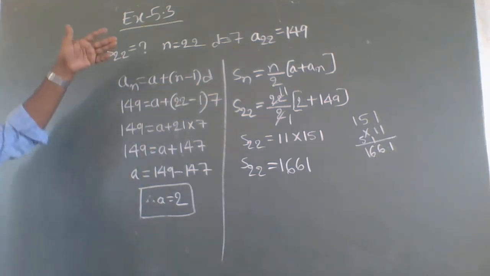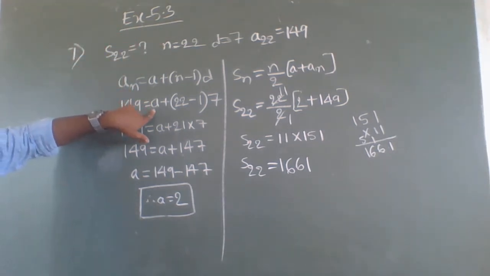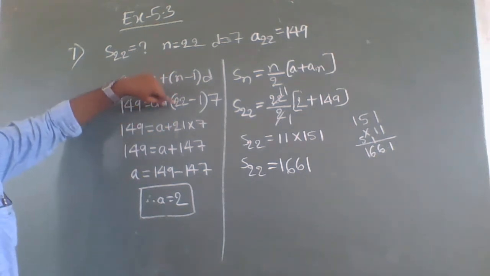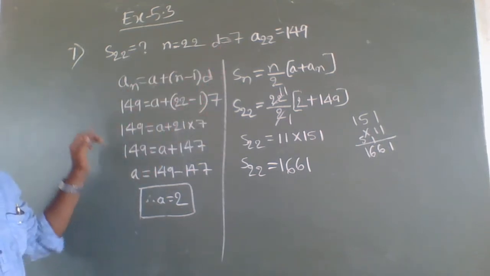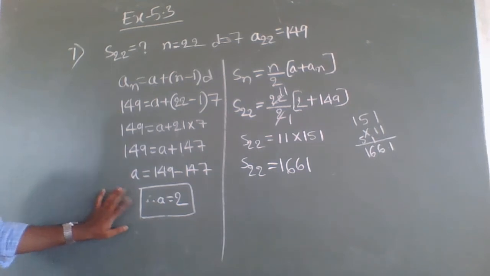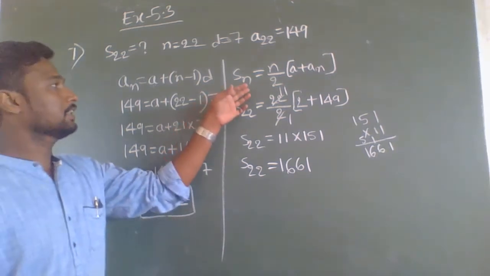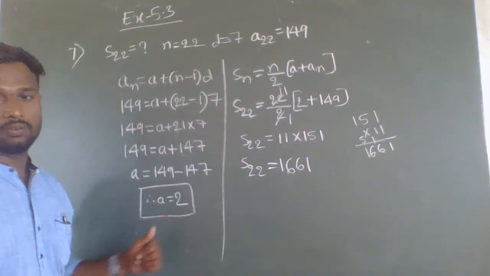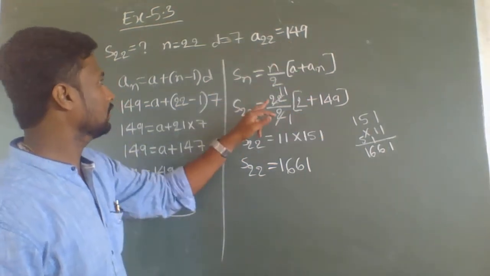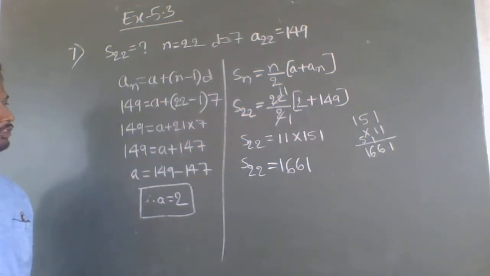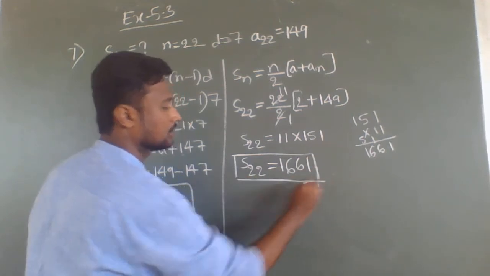Here the an value is considered as the a22 value only, which is 149, and n is 22, so 22 minus 1, and d is given as 7. With all these values, I calculated a and got the a value as 2. Using this a value, I calculated the Sn value, that is S22. I got a as 2, an as 149 and n as 22 only, and finally I got the S22 value as 1661.